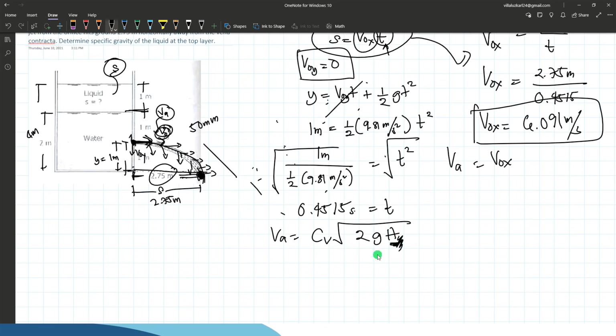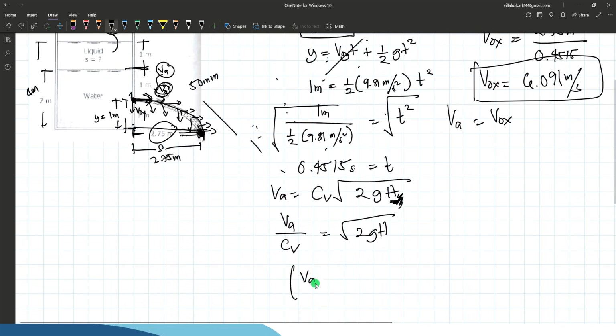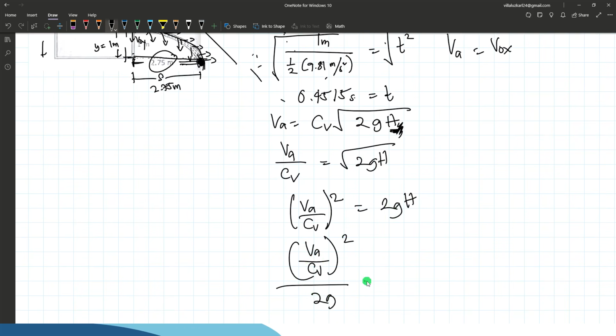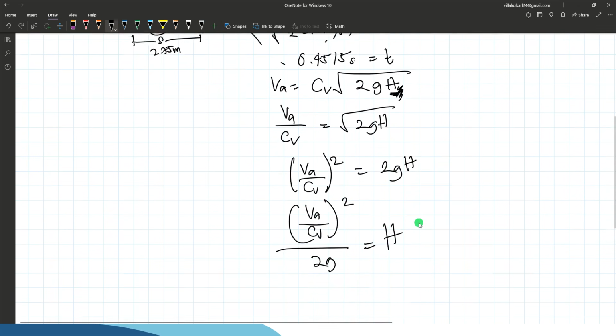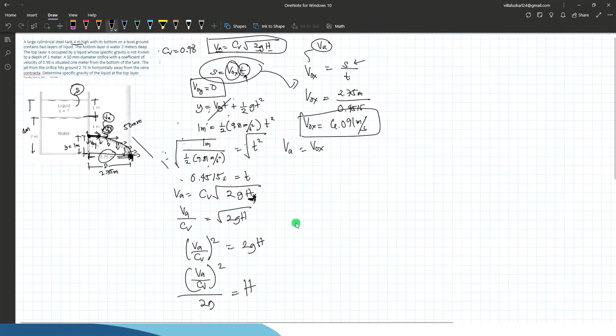Let's determine h by dividing both sides by Cv. Then take the square: v over Cv, squared, equals 2gh. And divide both sides by 2g to determine h. Let's substitute now the givens.